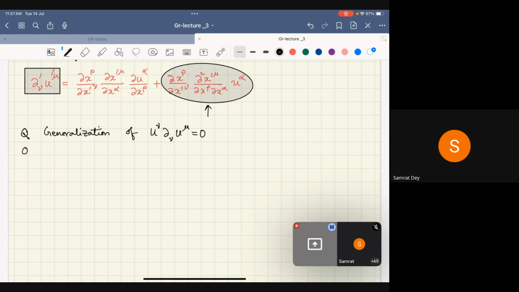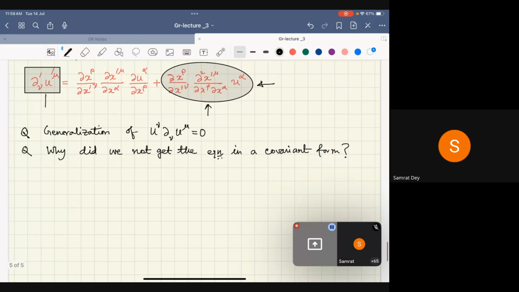And the second question we asked is why did we not get the equation in a covariant form in the first place? Of course, you can say that we already knew that the derivative of a 4-vector does not transform properly under a general coordinate transformation. That is why we did not. But in the first place, why did this come?